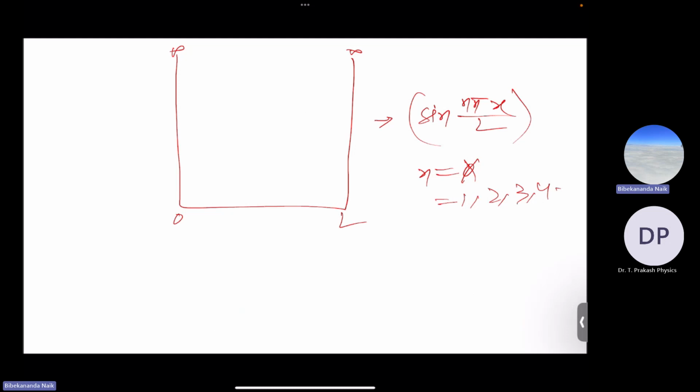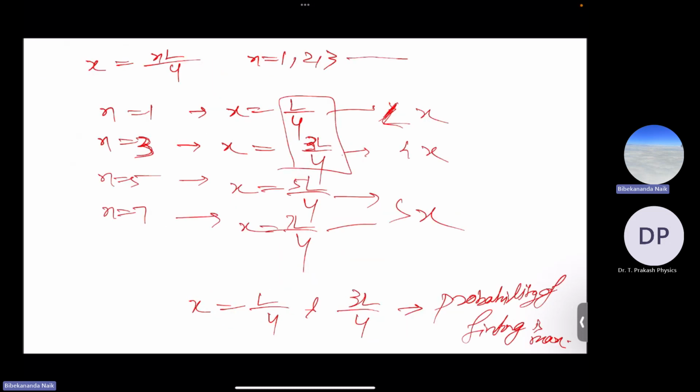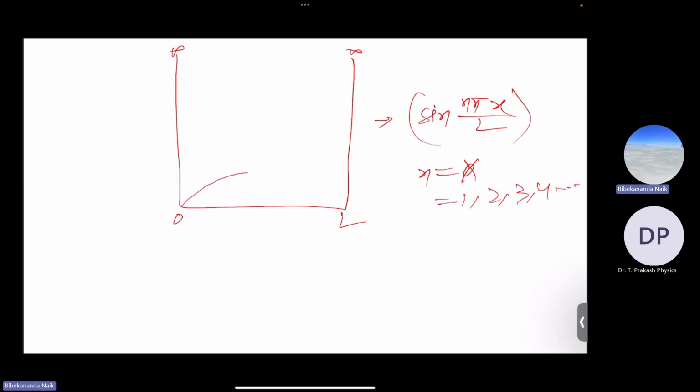If you compare n pi x by L with the question, it says 2 pi x by L. So this wave function is for the second level. For the first level, the wave function looks like this. Here it will be 0 and here it will be 0 because the potential is infinite. This is n equals 1.